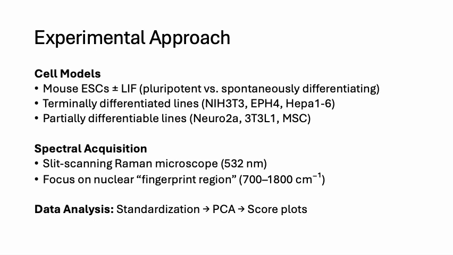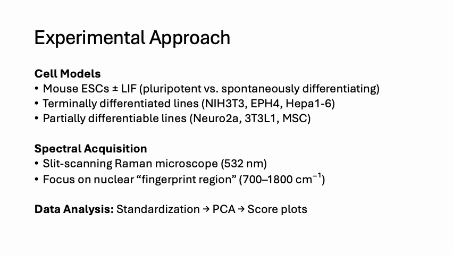The first group was embryonic stem cells, or ESCs, which were cultured either with leukemia inhibitory factor, also known as LIF, to maintain their pluripotent state, or without LIF, to allow them to spontaneously differentiate. The second group included terminally differentiated cell lines, such as NIH3T3 fibroblasts, EPH4 epithelial cells, and HEPA16 hepatocytes.